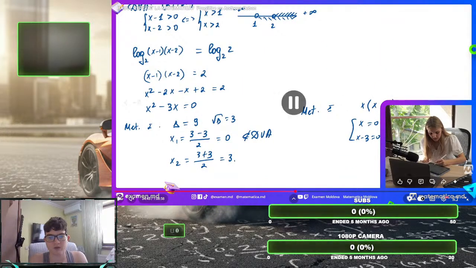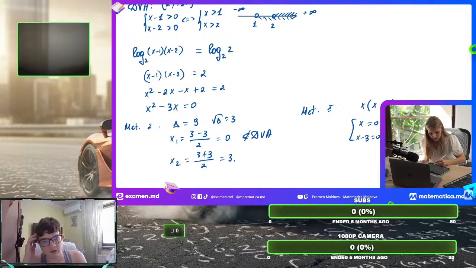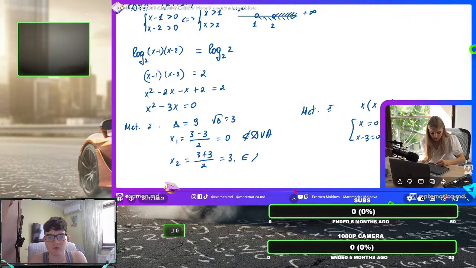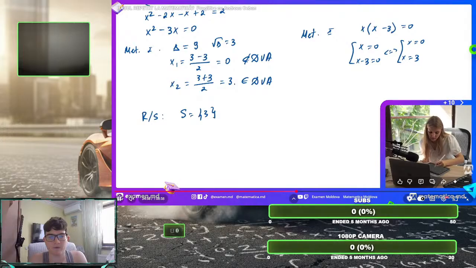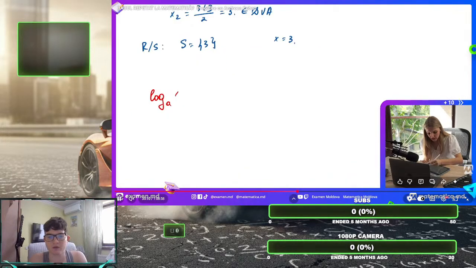So 0 obviously doesn't fit there because it's not bigger than 2. And 3 fits there because it's bigger than 2. So we have 3 as the solution right here.